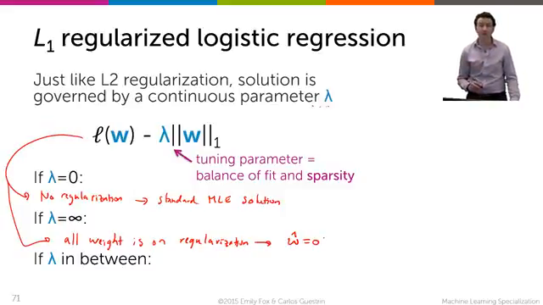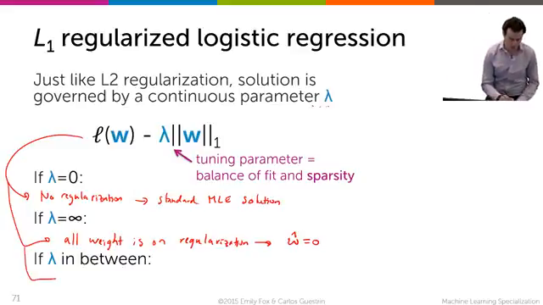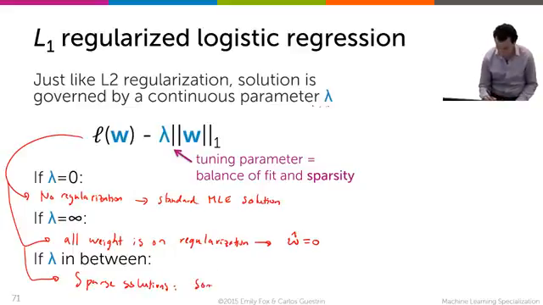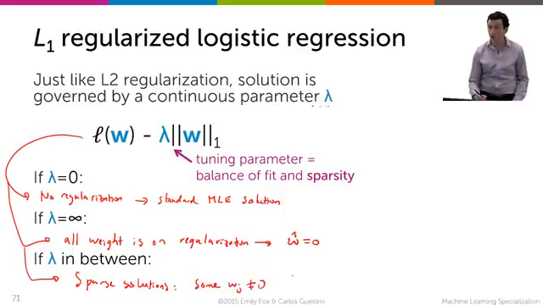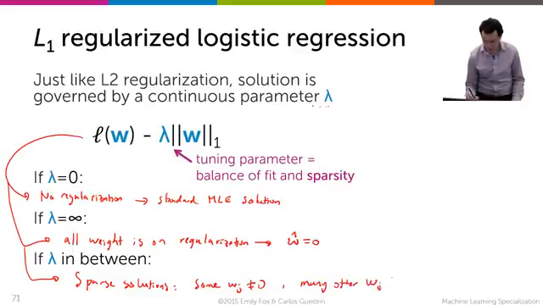Now, the case that we really care about is when lambda is somewhere between 0 and infinity, which leads to what are called sparse solutions, where some Wj's are not going to be equal to 0, but hopefully many other Wj hats are going to be exactly 0.